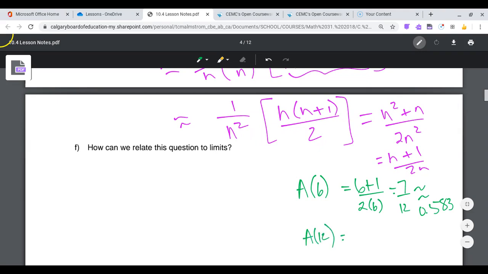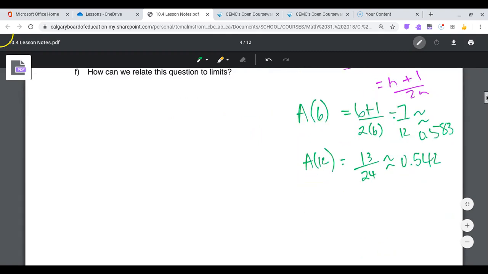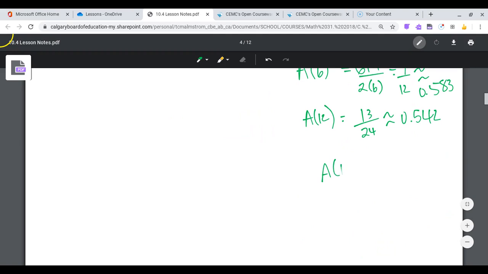So 12 plus 1 is 13 over 2 times 12 is 24, which is approximately 0.542. I think I said in the previous one that it was 0.541, so just check your rounding on that. I rounded wrong. Okay, so obviously our formula works because we're getting the same answer. And if we put in 100, you would get even closer to our answer.